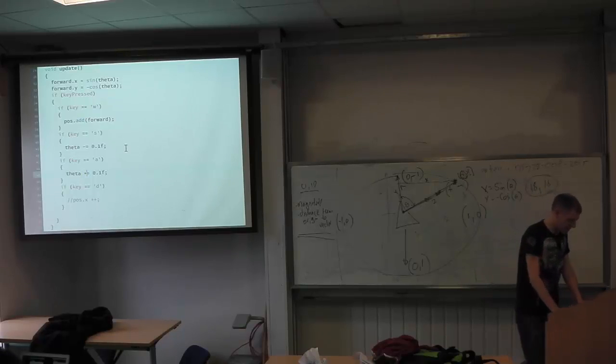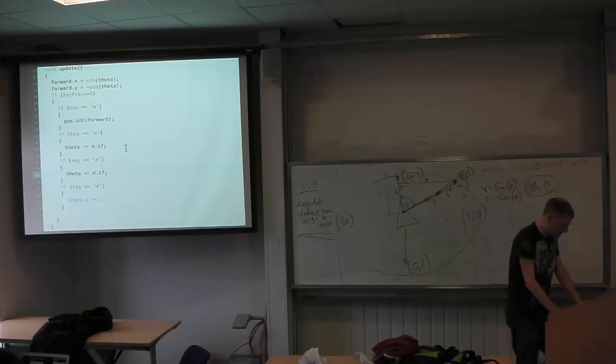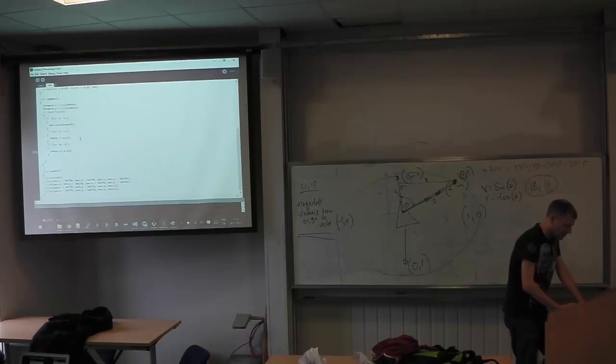Okay, sorry, not the A key. A is going to be moved to the left, isn't it? And D is going to be moved to the right. Let's get rid of S then, because S is backwards. So A should subtract something from theta, and D should add something to theta. There we go. So there's theta adding and subtracting.